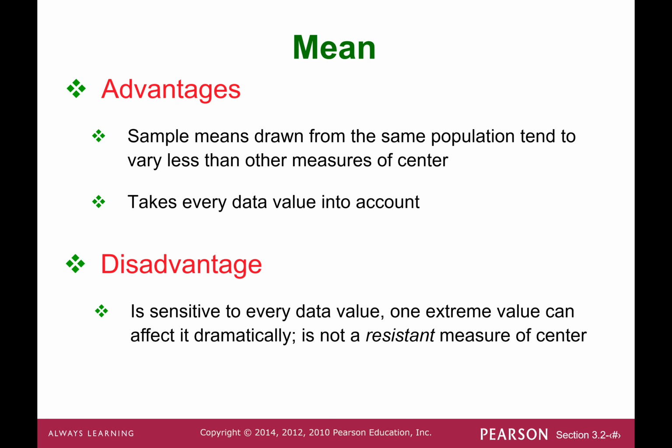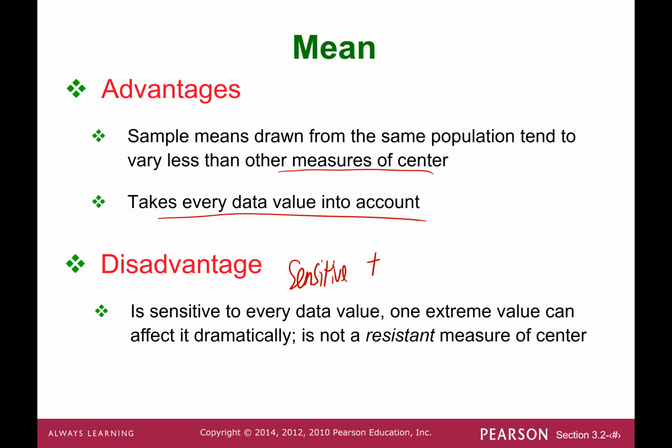The advantage of using the mean is that sample means drawn from the same population tend to vary less than other measures of the center. Also, we take every data value into consideration. That's the advantage of the mean. The disadvantage is that it is very sensitive to outliers, or extreme values.